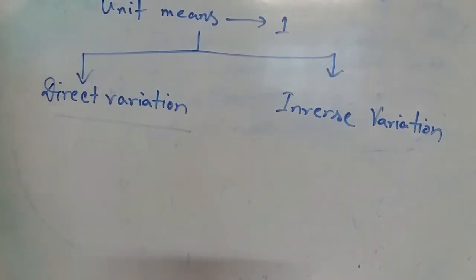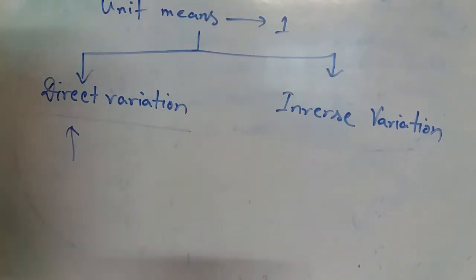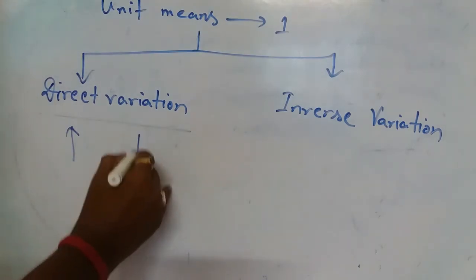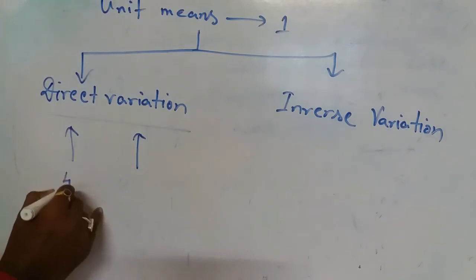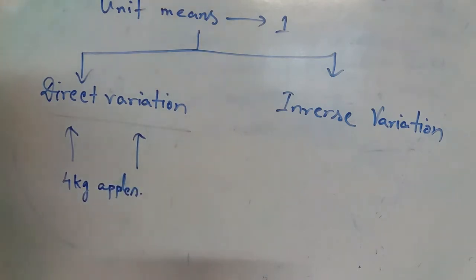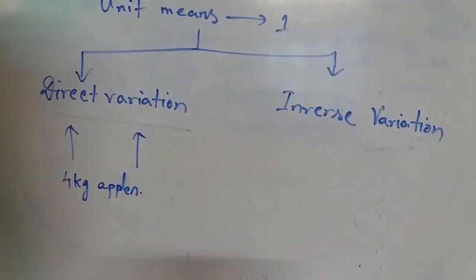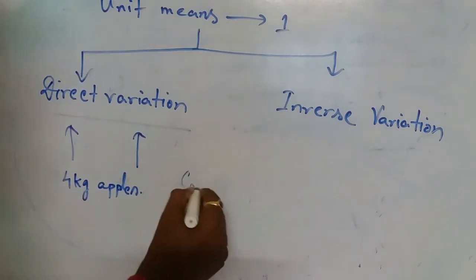Direct variation is a type of variation where if the value of one item increases, then its corresponding value also increases. For example, if I go to the market and buy 4 kg apple, suppose the cost of 4 kg apple is rupees 300.